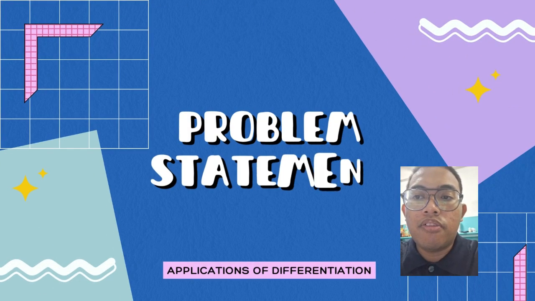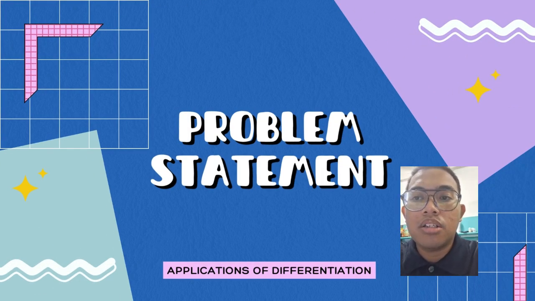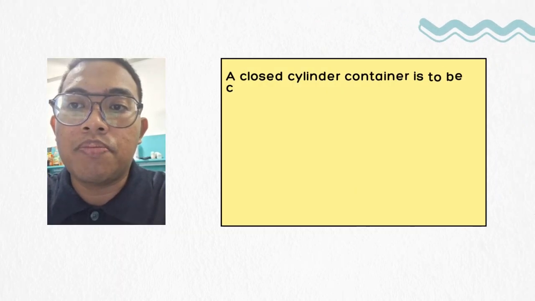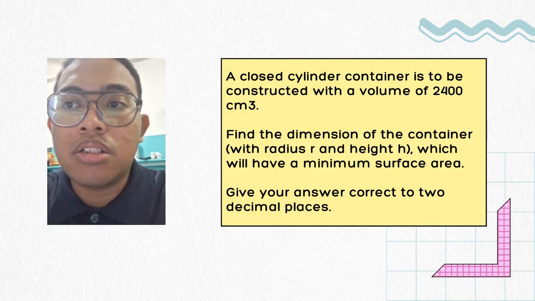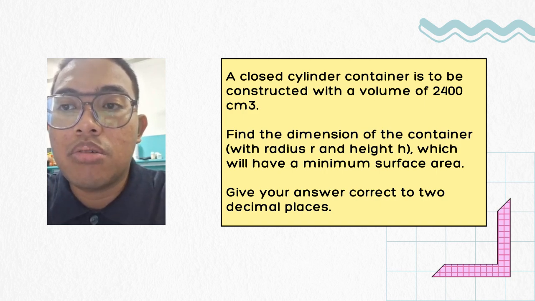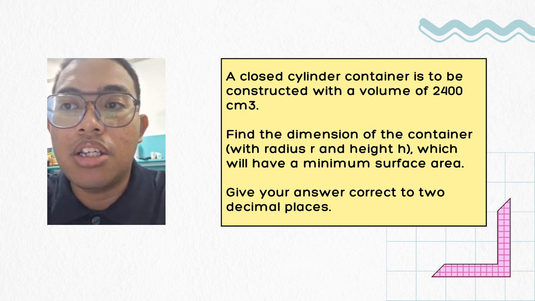Problem statement: a closed cylinder container is to be constructed with a volume of 2,400 cm3. Find the dimensions of the container with a radius r and height h which will have a minimum surface area. Give your answer correct to 2 decimal places.